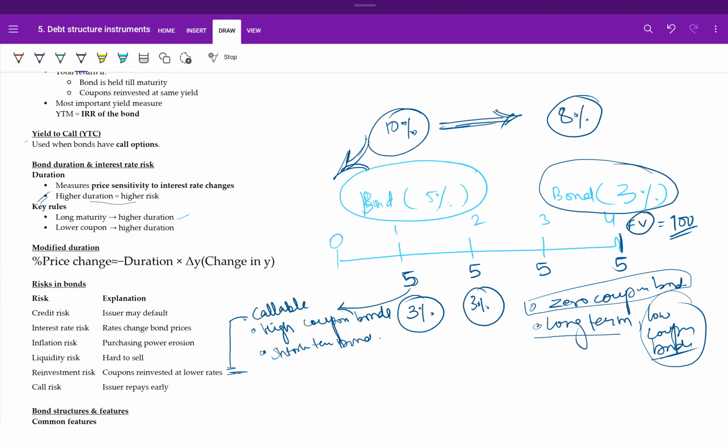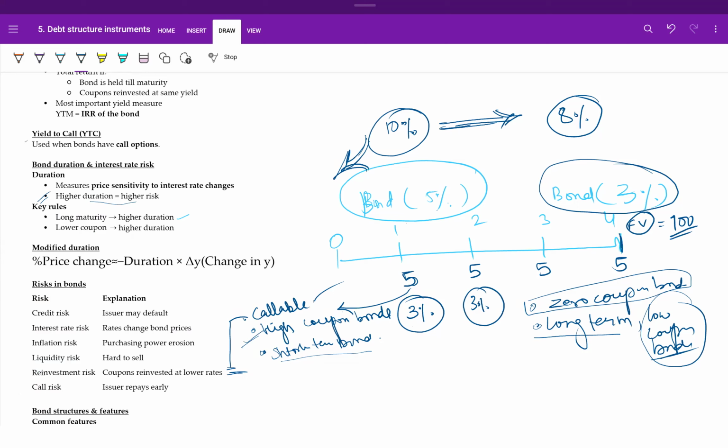And high coupon, callable bonds and shorter term bonds actually have reinvestment risk. For high coupon, for obvious reasons, there is a large cash flow, and once the interest rate falls in the market, you actually have to look for a better opportunity for your investors to reinvest it.